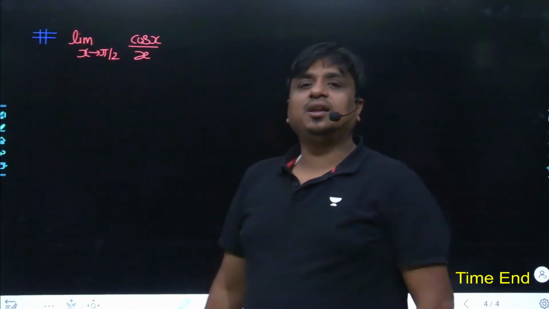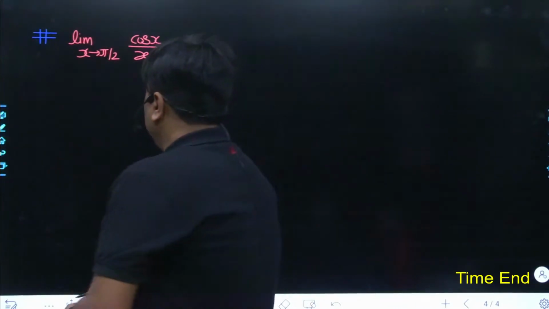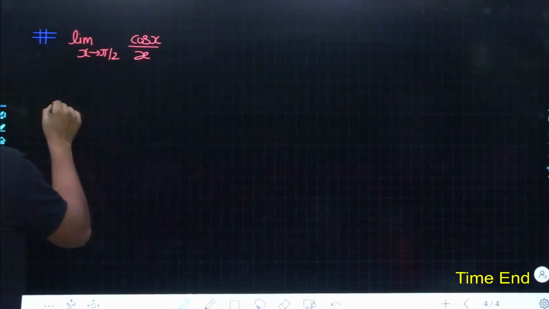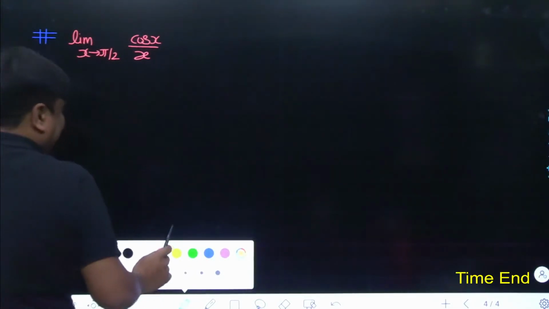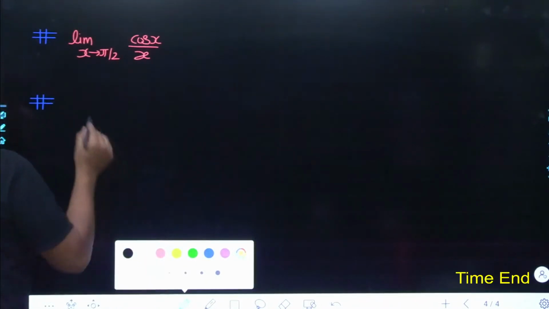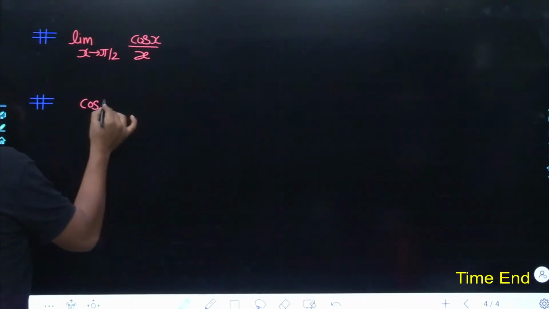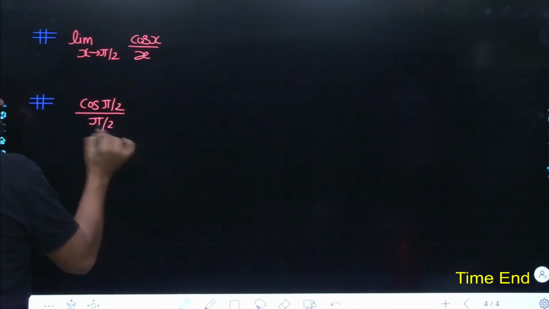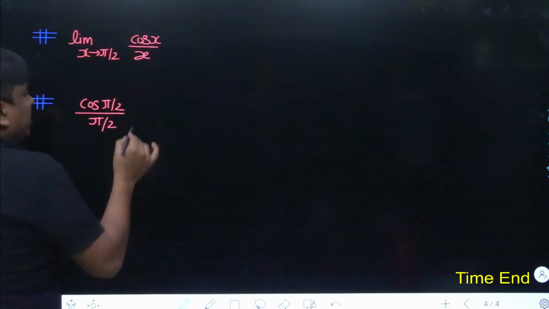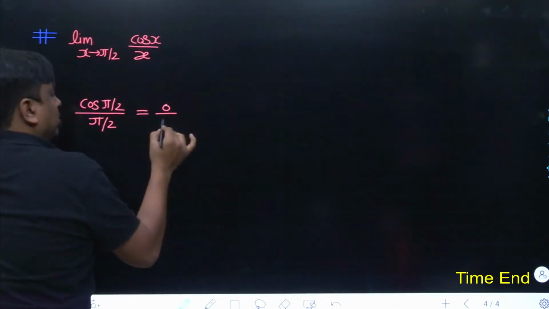So rather than calculating the left hand limit or right hand limit, why don't we feed the value straight away? Because the functions are continuous in the entire region of x. So what I did over here is feed x as pi by 2, and in the denominator also we fed the value pi by 2. The numerator became 0 and the denominator is pi by 2.